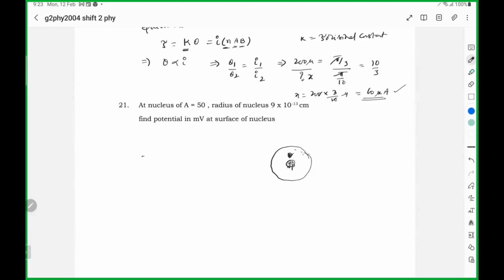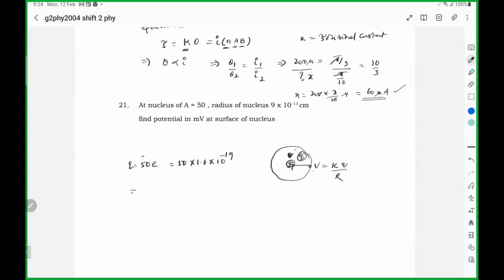Electrons are revolving around it. So there will be charge due to 50 electrons, 50 into 1.6 into 10 power minus 19. Potential at the surface at this point will be KQ by R.